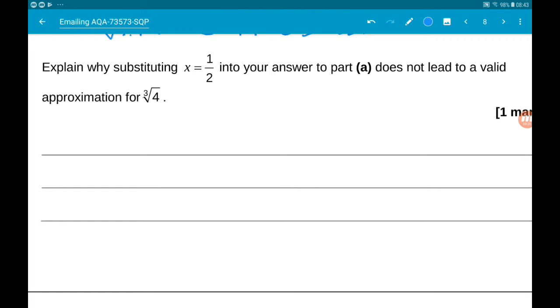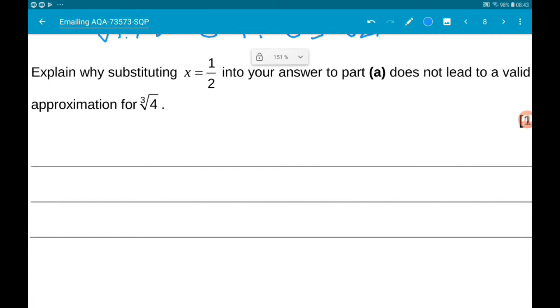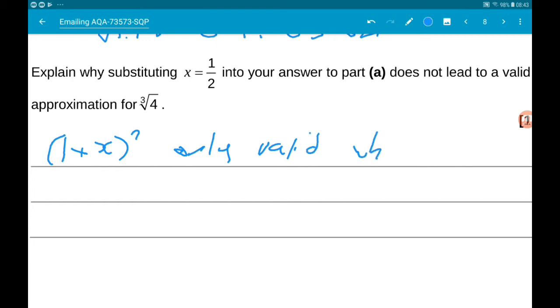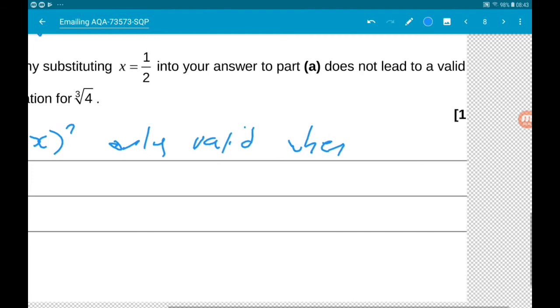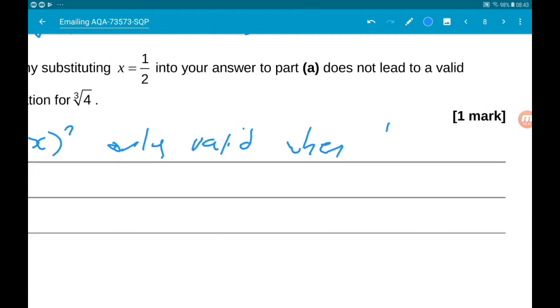So, in the formula booklet, for the formula that we used in part A, we are told that 1 plus x to the power of n is only valid when the absolute value of x is less than 1.